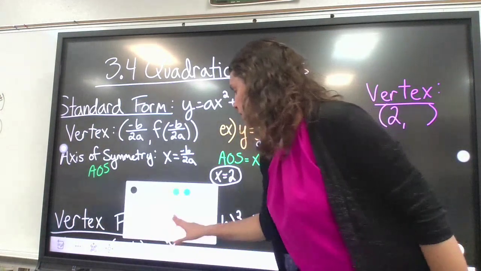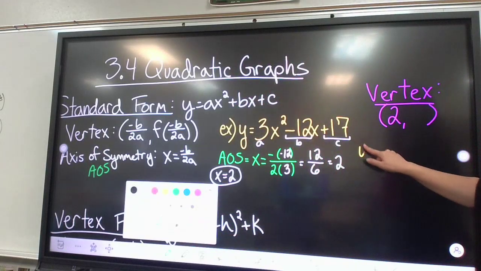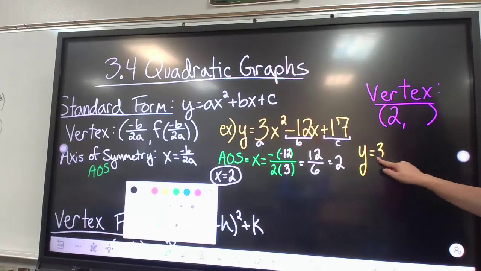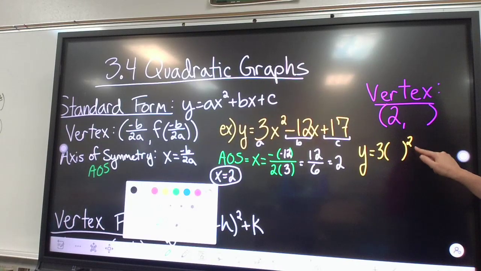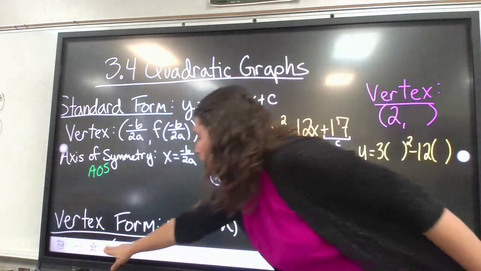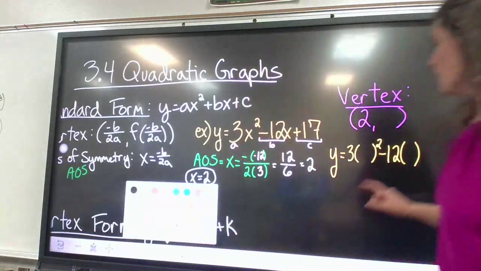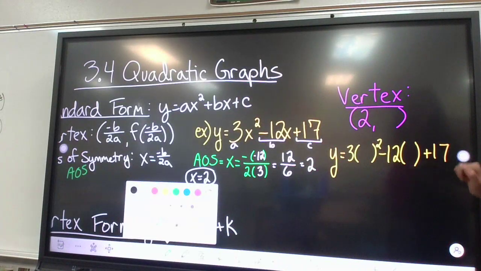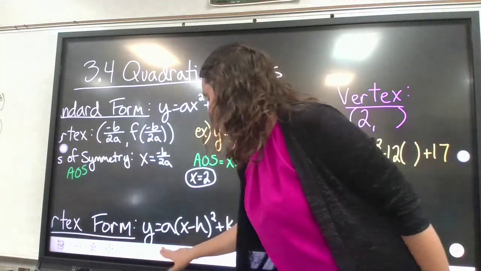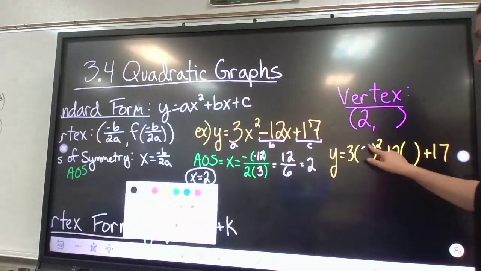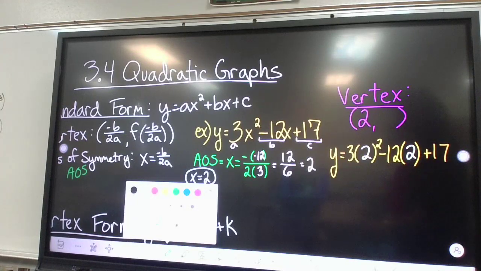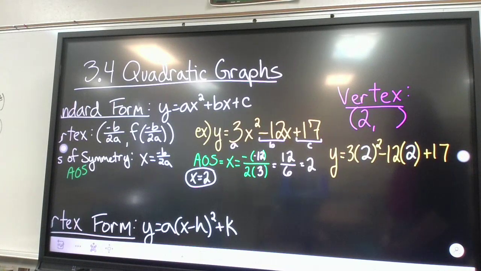In order to find it, we're going to take that orange equation. So y equals 3 x squared minus 12 times our number, and then plus 17. I'll be plugging in our 2, which is the value we found by doing negative b over 2a.